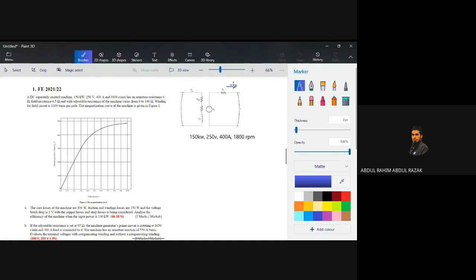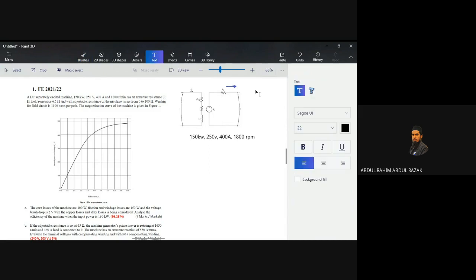So this is your IL, or I armature, IA. My writing pad is out, so you can just type directly.